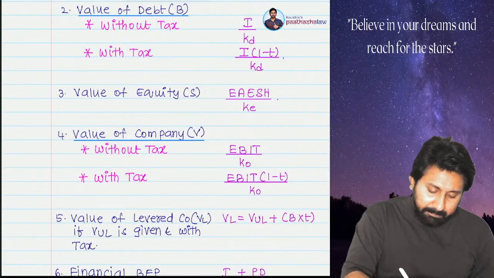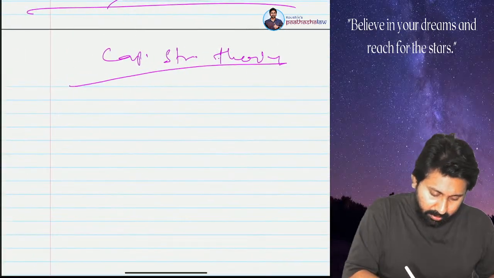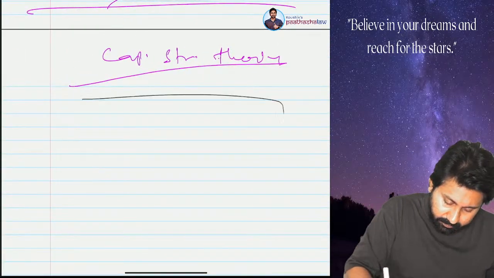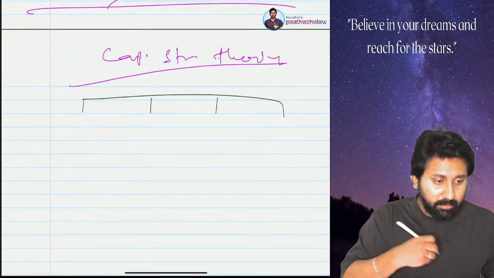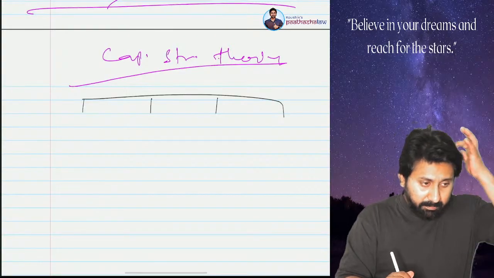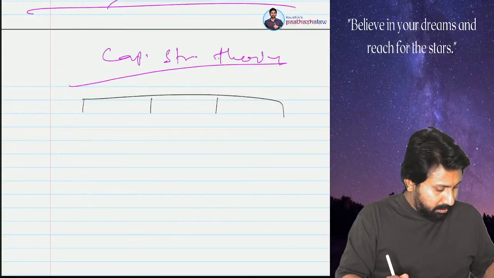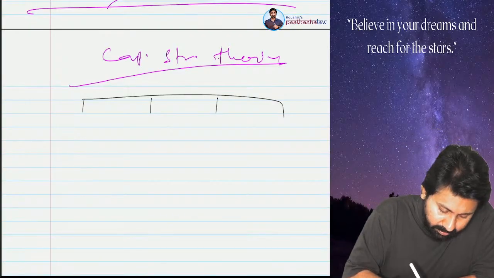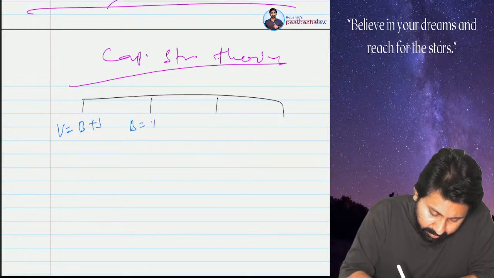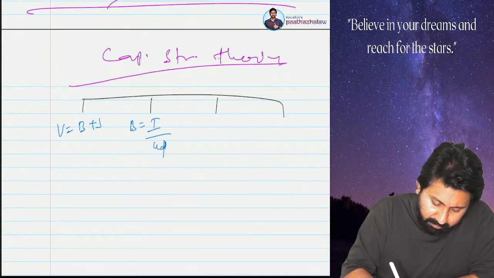Four formulae. Please observe clearly. V equals B plus S. B equals I by KD.